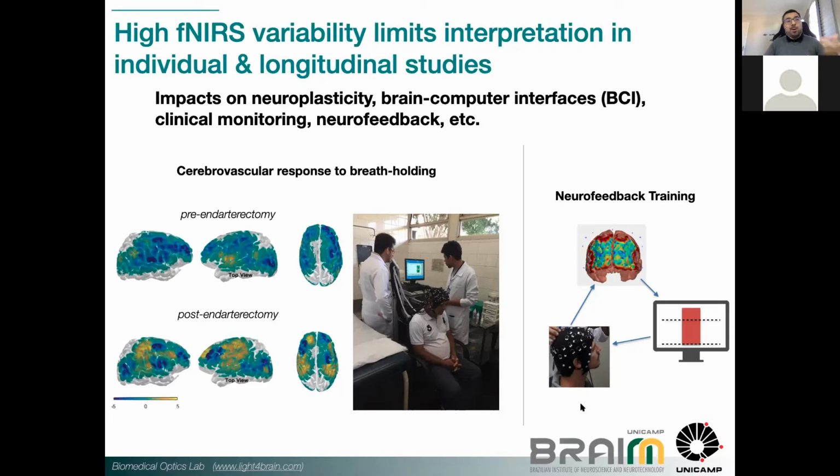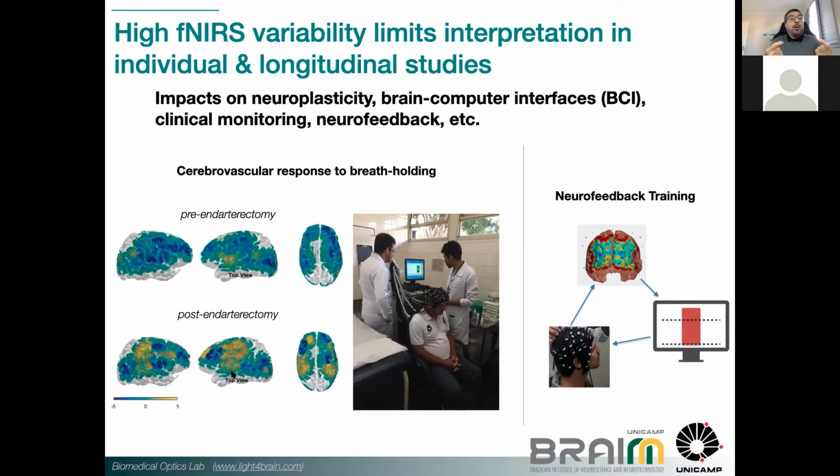So yes, although there is a lot of variability, we can, on an individual basis, compare the pre and the post. But for example, we cannot compare the recovery over time of these patients, because then the changes are not as sudden or not as deep. And in this sense, the variability actually is a problem, right?